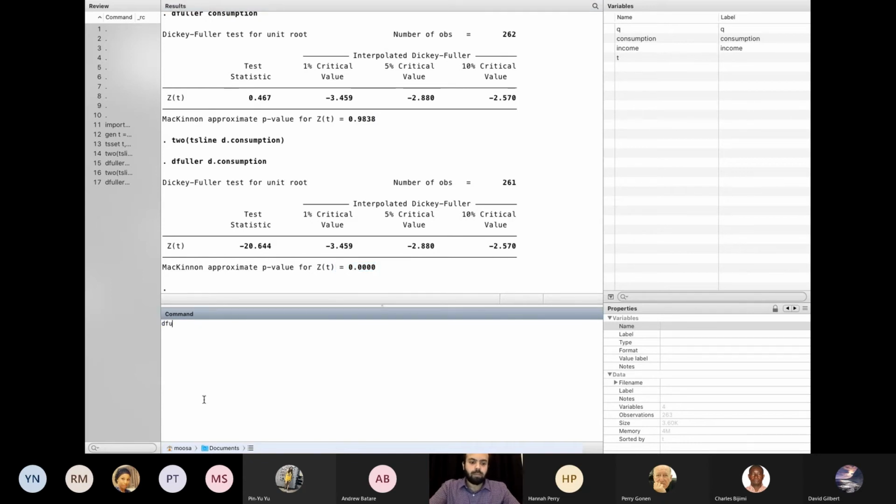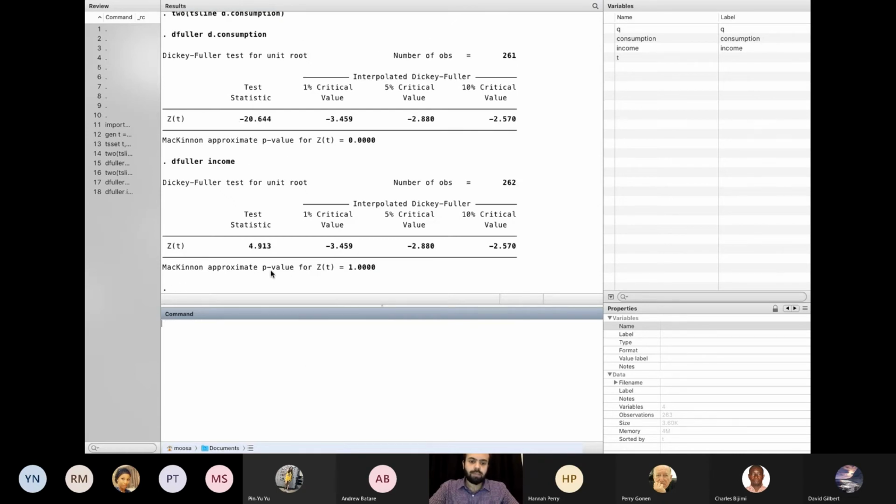Okay, after doing the same for income, which is our second variable, it is non-stationary in levels, and stationary in first differences, most probably. And here we reject the null hypothesis.